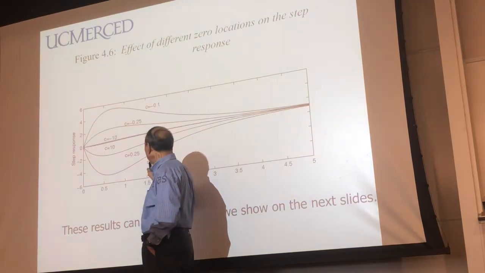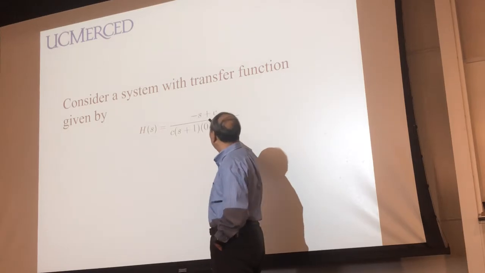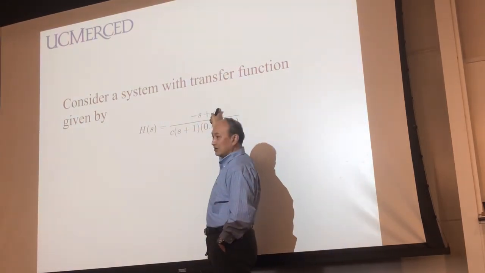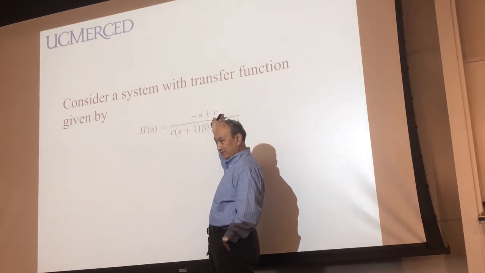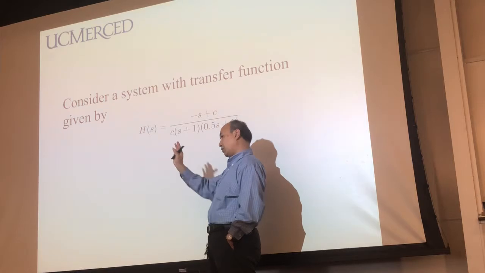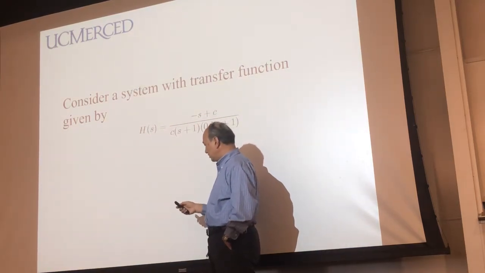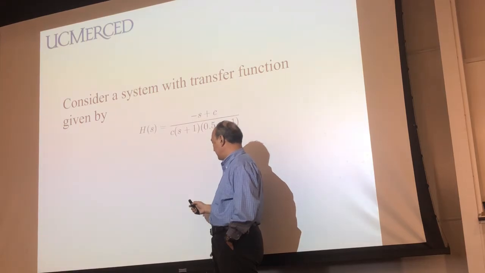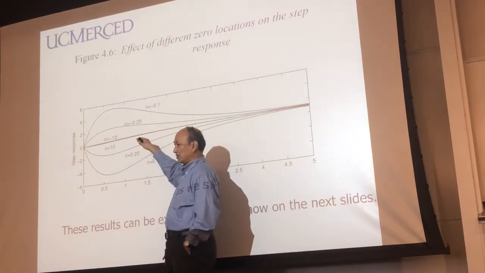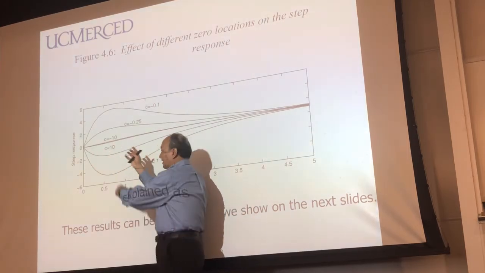So when C is 0.1, let's go back and see. What is the zero? The zero is 0.1, so it's on the right half plane. When the zero is in the right half plane, you are going to have this opposite way. Instead of chasing the input, you go offset, then you chase.